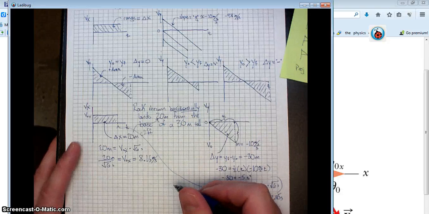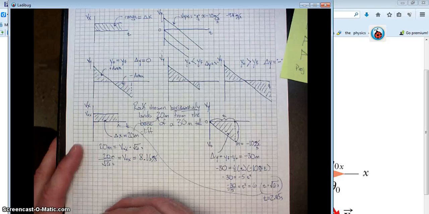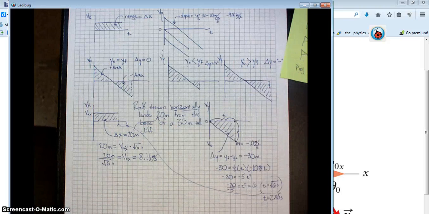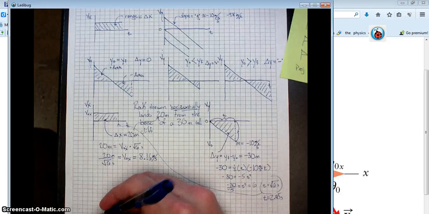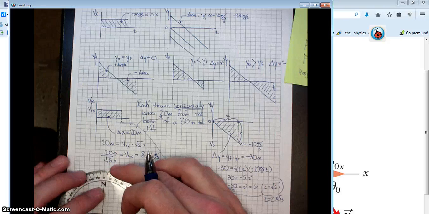The other kind of problem type that we'll have to deal with is a problem where the projectile is launched at an angle. So if we take a projectile and launch it at an angle of, let's say, 30 degrees above the horizontal.